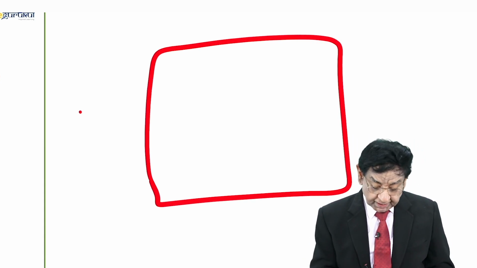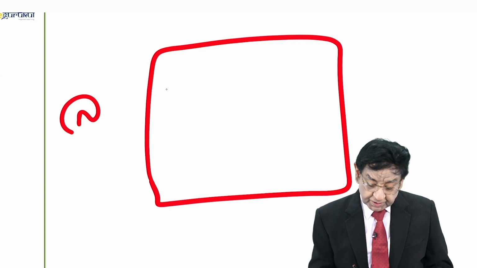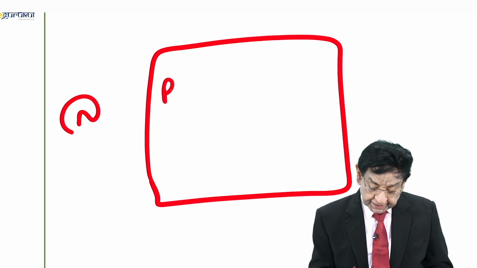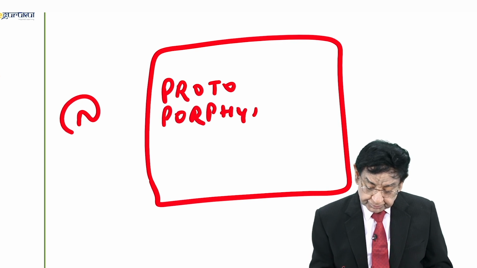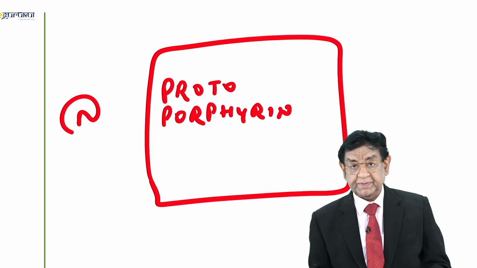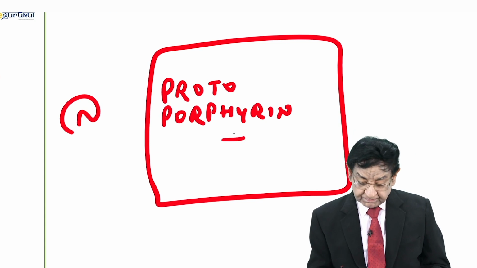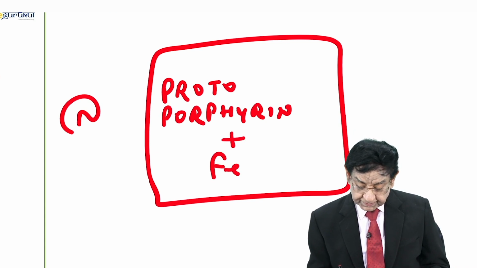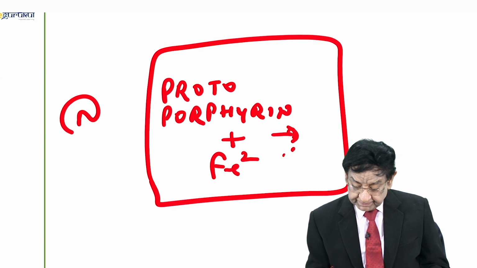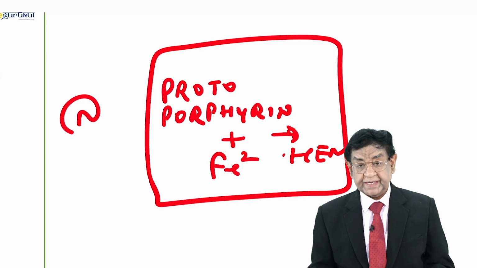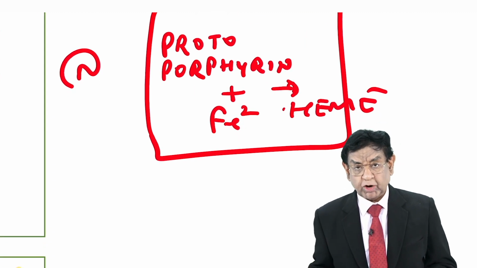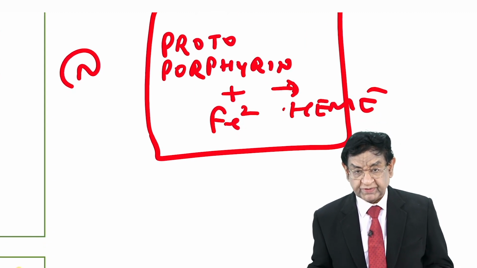And in a normal condition, protoporphyrin is made, and this combines with iron, and they make heme. Heme is getting made by combination of protoporphyrin with ferrous.